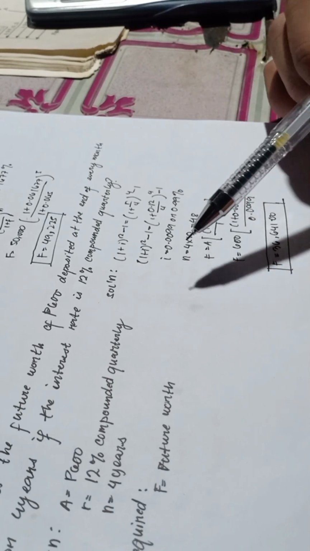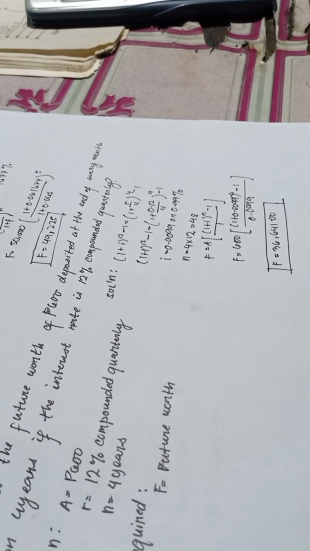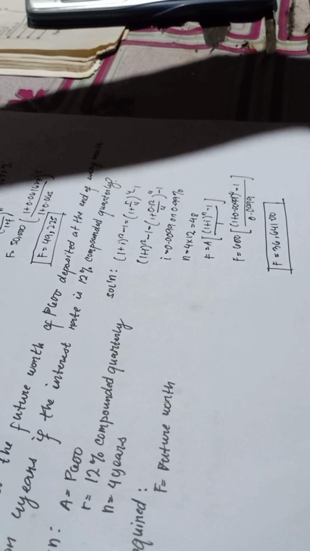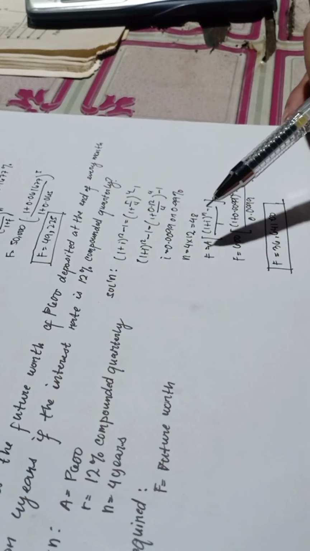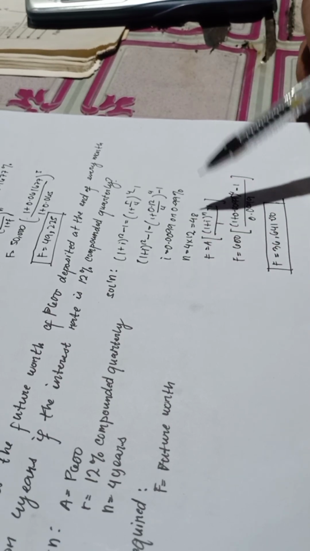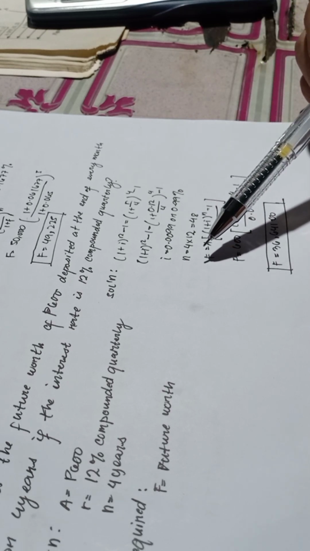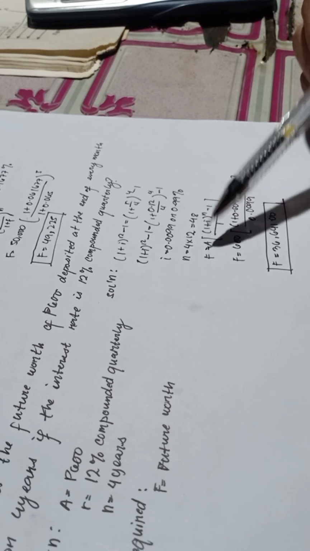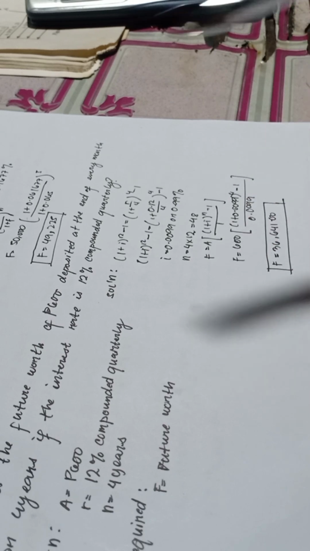So our interest rate is equal to 0.009 or 0.9%. So our n is equal to 4 times 12, so it's equal to 48.